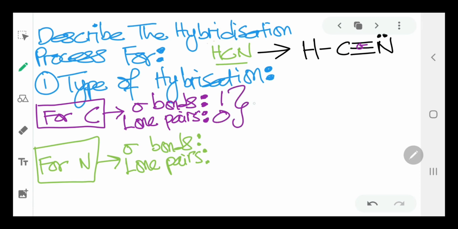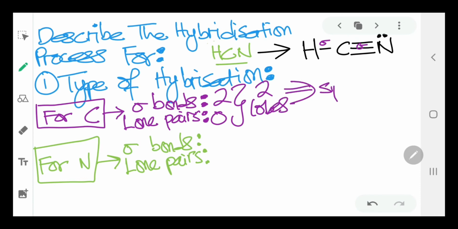That is incorrect, you have another sigma bond right over there. So you have 1 and 2 sigma bonds, 0 lone pair on your carbon. So you have 2 lobes. 2 lobes means you have sp hybrid orbitals, and the shape is like this.